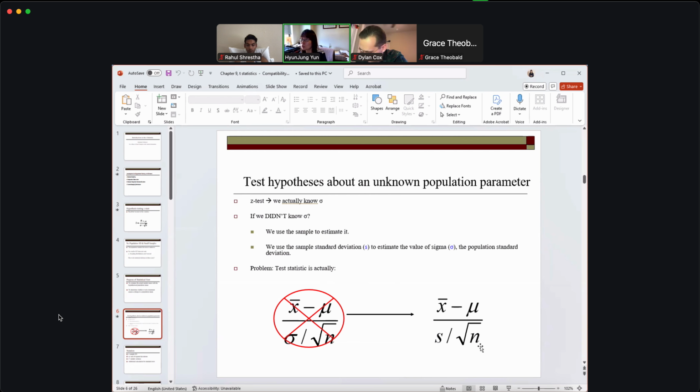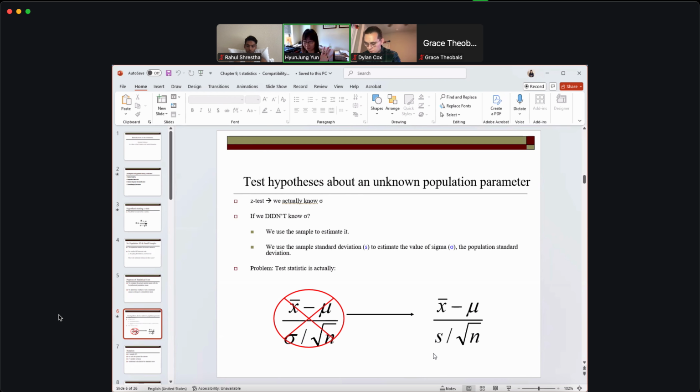But in real-world statistics, we rarely know population variability. So the better way is to estimate from the sample. Small letter s is the standard deviation of a sample, not the population. That's the information we replace in order to do a t-test replacing the z-test. The rest of them are the same.